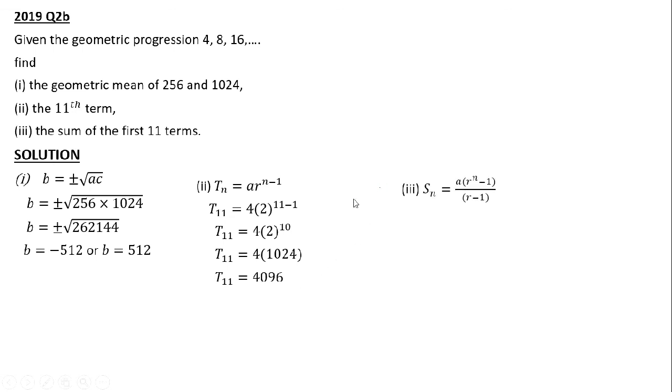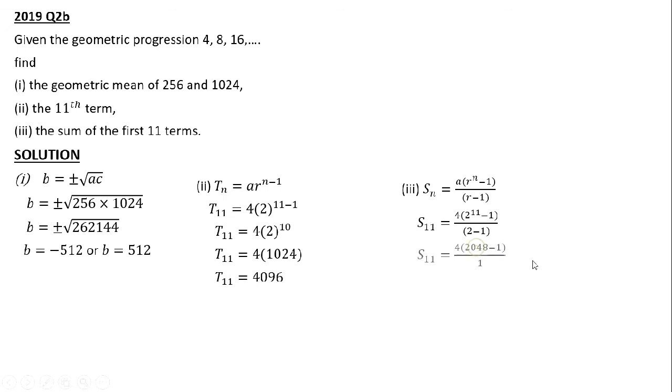Find the sum of the first 11 terms. Sum of n terms is equal to A, open your bracket, r to the power n minus 1, close your bracket, divided by r minus 1. Where there's n, we'll replace 11. Where there's A, which is our first term, we'll put our 4. Our common ratio is 2, and our number of terms is 11.